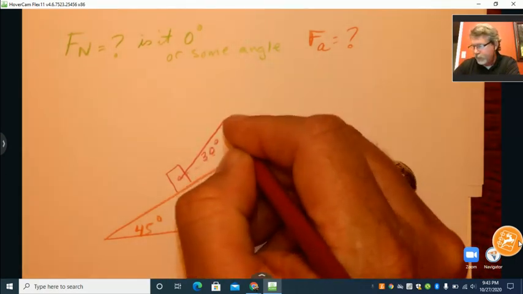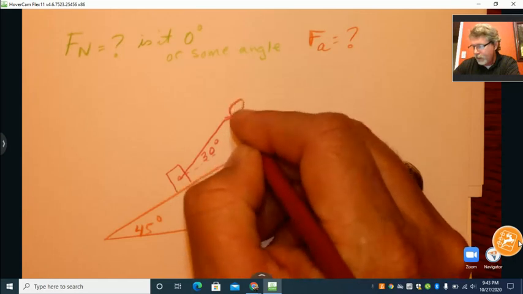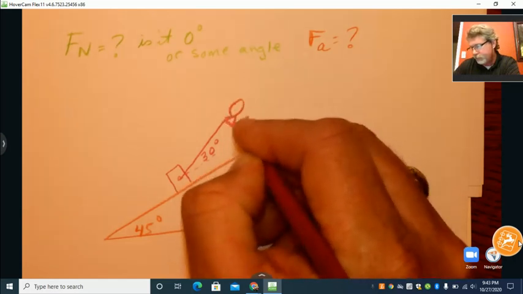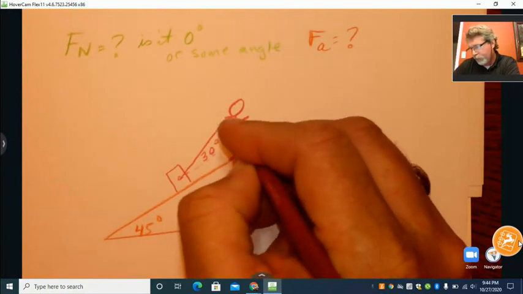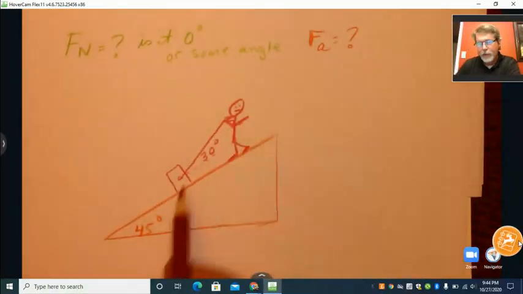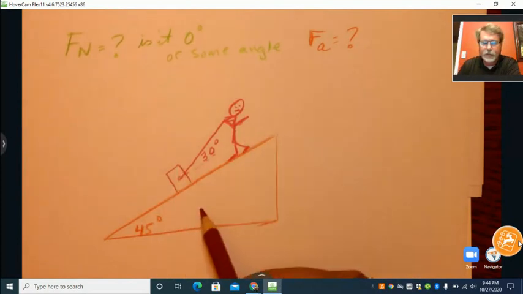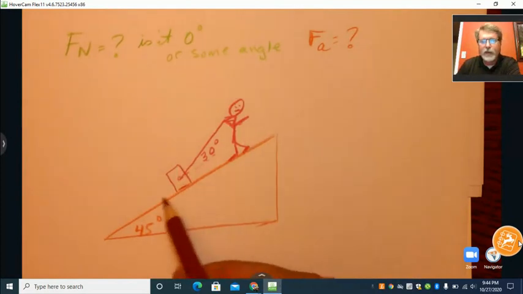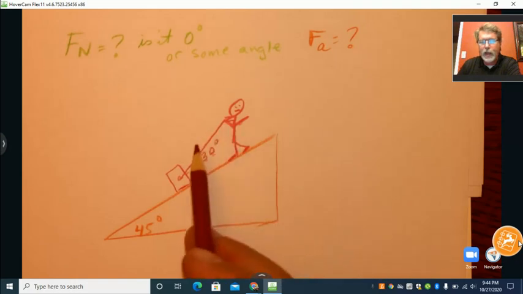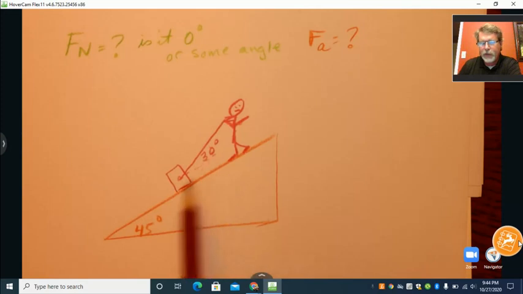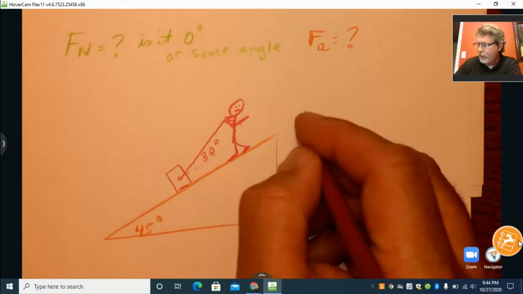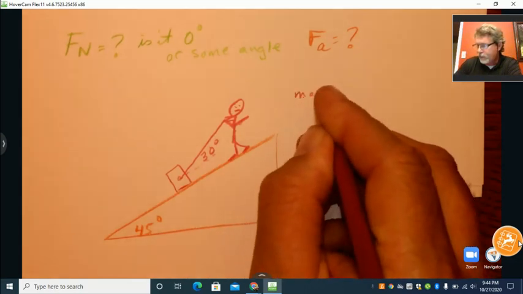So if you imagine someone right here has this box, and they're pulling that box up at 30 degrees, okay? So now we have a combination. We have force normal being pulled at an angle of 30, but we also have it on an incline of 45.